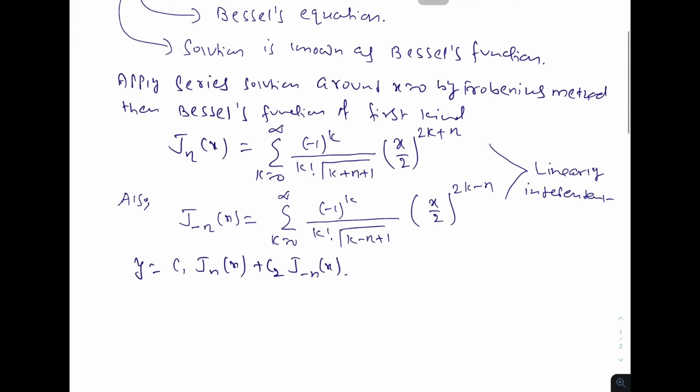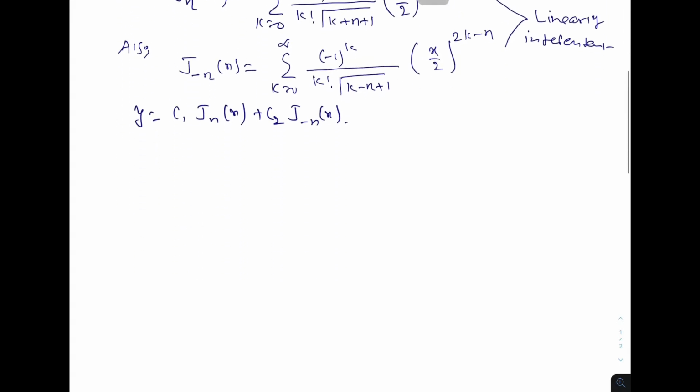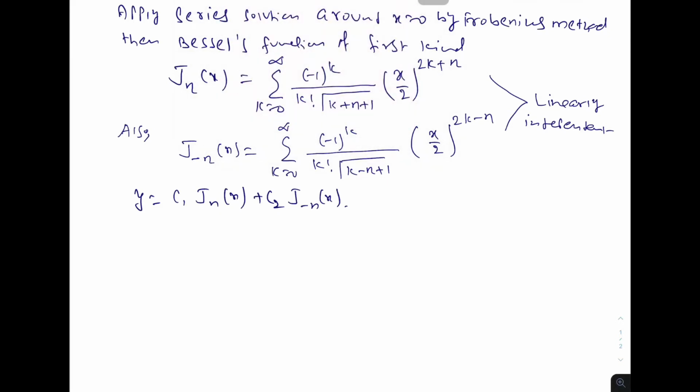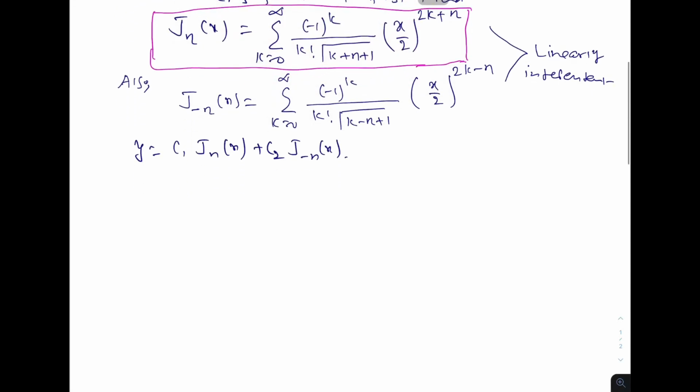Okay, now let us have some properties. So you need to remember this formula Jn(x). So let us have some properties here.